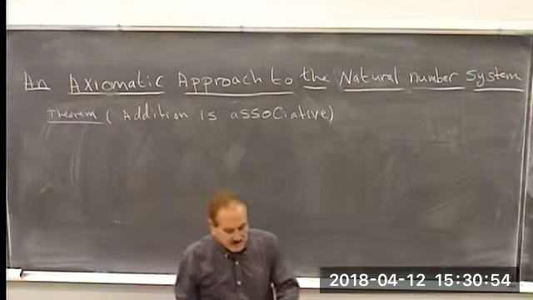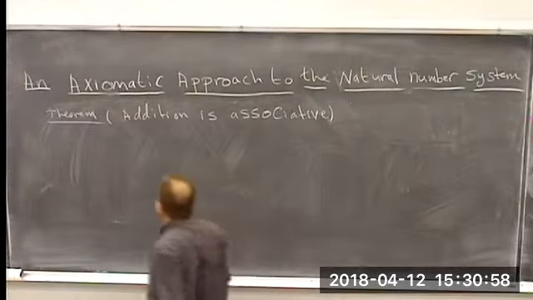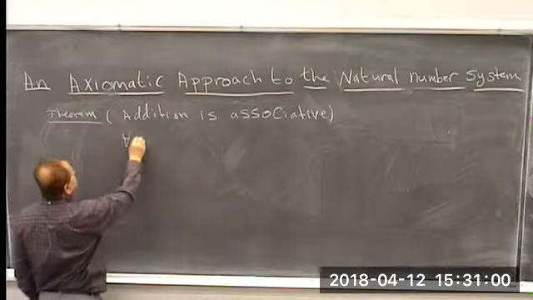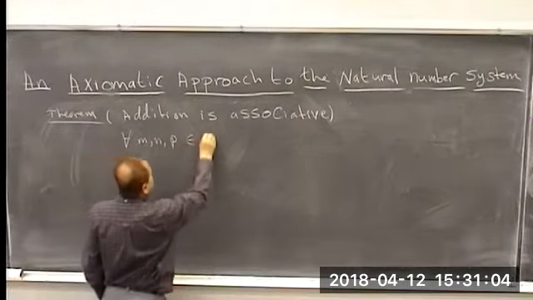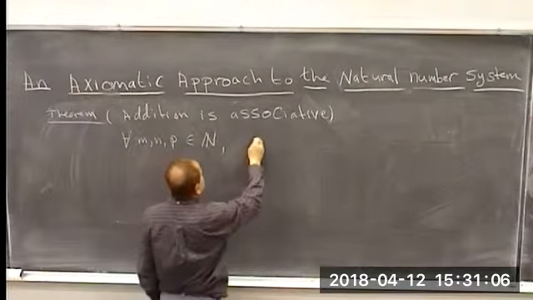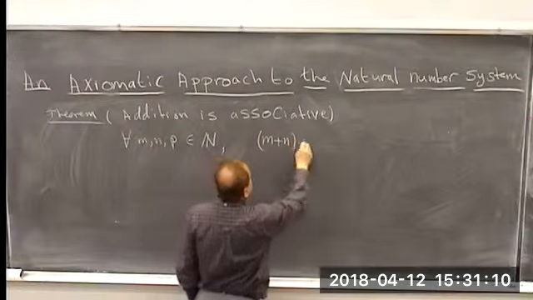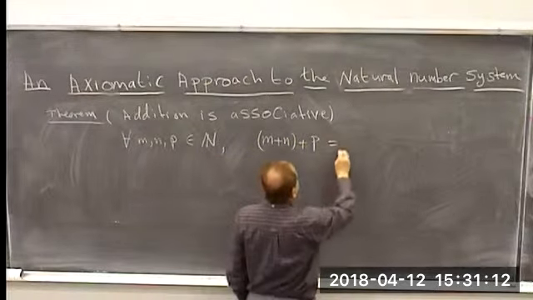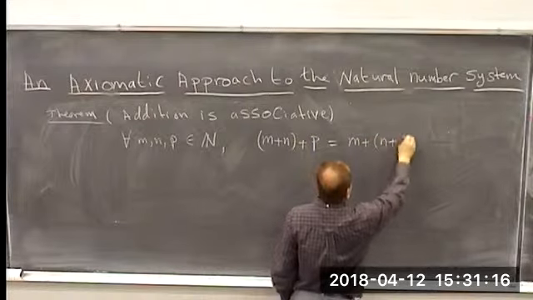All right, so it states that for every m, n, and p natural numbers, we have (m plus n) plus p is equal to m plus (n plus p).